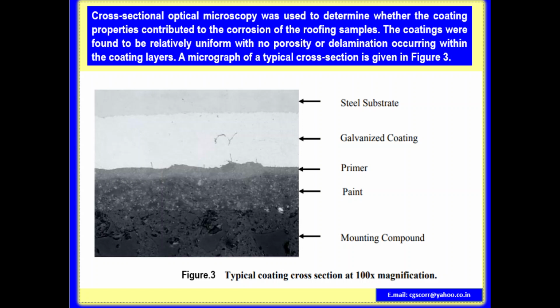A micrograph of the typical cross section is given in Figure 3. From the bottom side you can see mounting compound, paint, primer, next one is galvanized coating, another is steel substrate. So there are no imperfections in the coating.